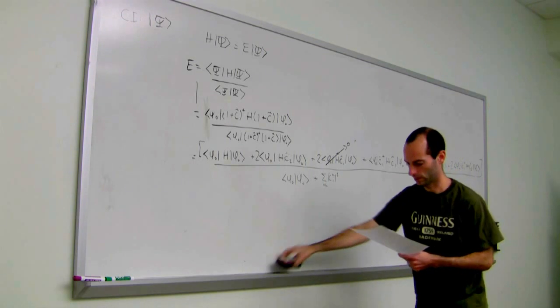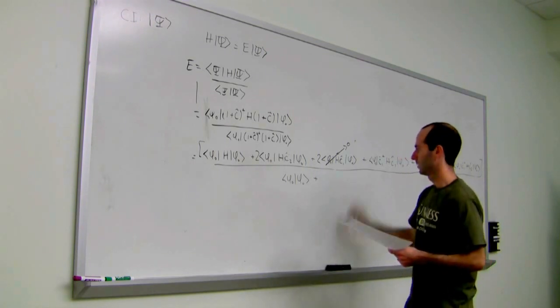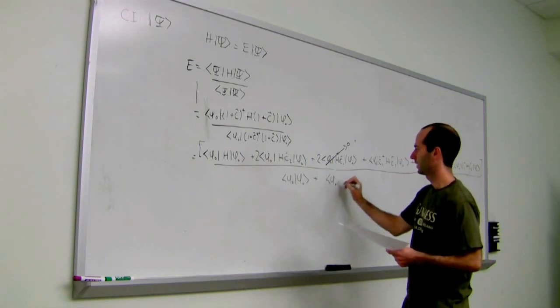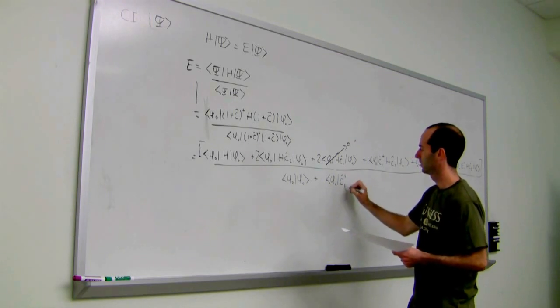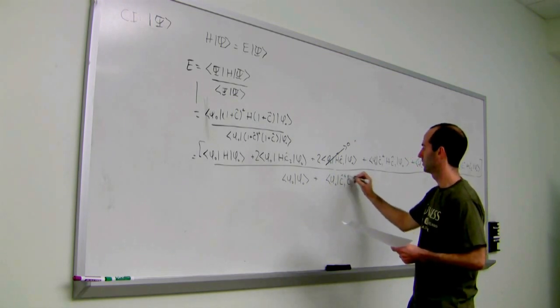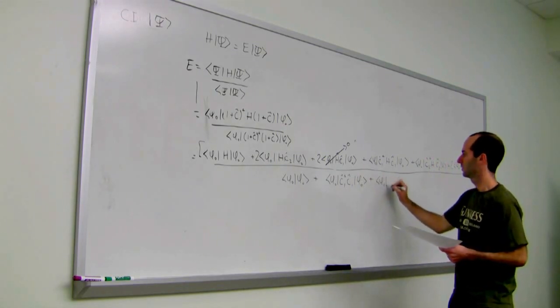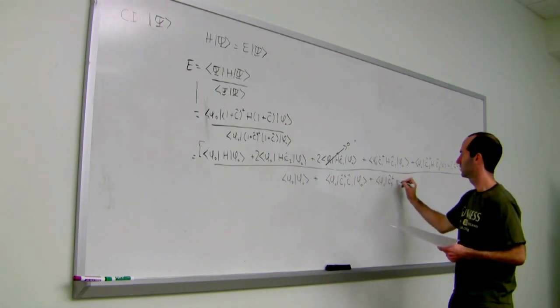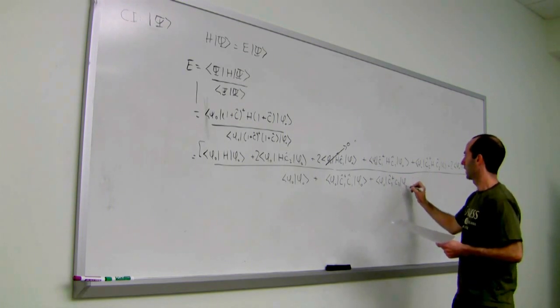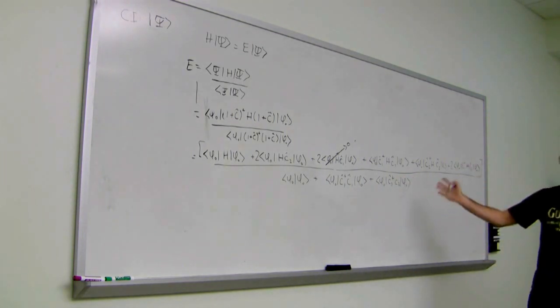I don't need to write this out. So that sum would be contained in C1. Okay, so this is just like a normalization, and that's it.